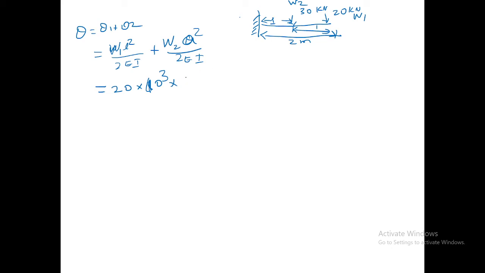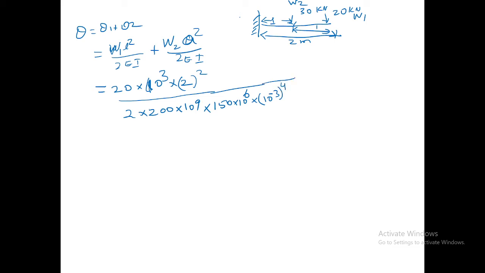For unit conversion, 2 square divided by 2 into E, Young's modulus, is 200 gigapascal, 200 into 10 power 9, into I, which is 150 into 10 power 6 mm power 4, meaning 10 power minus 3 power 4.